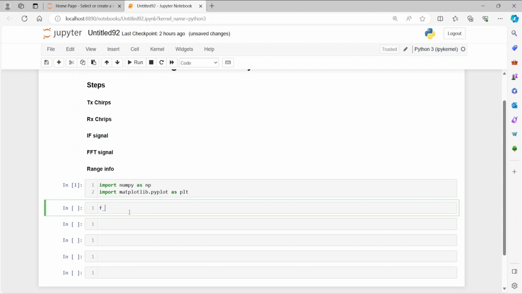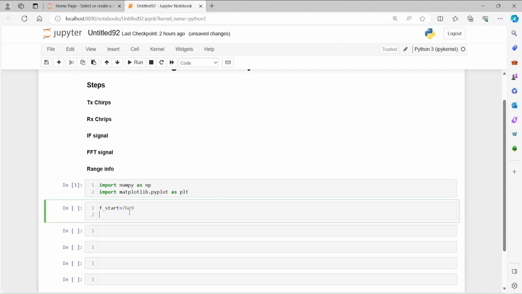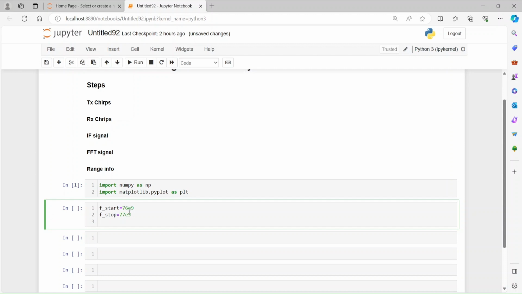Let's say our start frequency is 76 gigs, and in automotive radar usually the band is from 76 to 81 gigs. In this case I'm taking the starting frequency 76 gigs and stopping frequency 77 gigs, so we have a bandwidth of 1 gig.